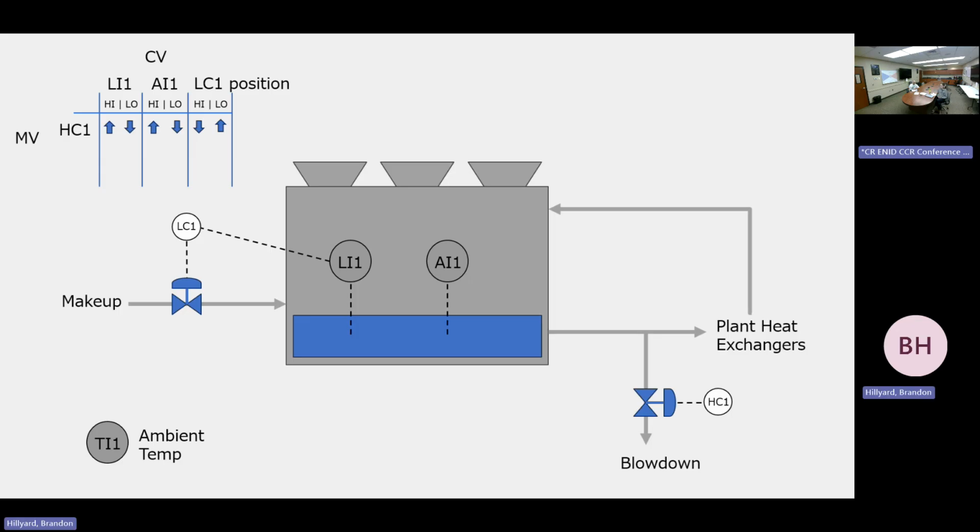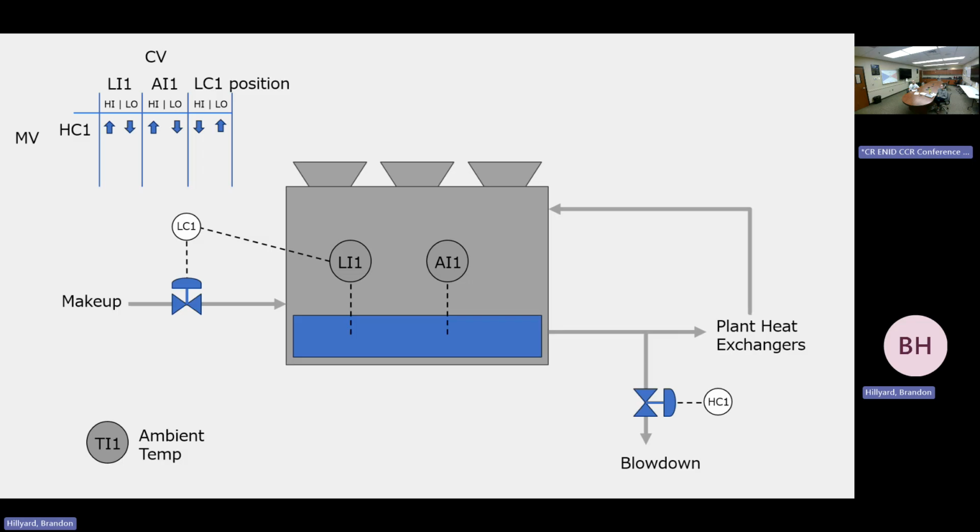So then if the conductivity is high, I would increase HC1 to remove solids. And if it's low, I would decrease HC1. If my valve position is at its low limit, I would increase HC1, which would cause the level to drop, which would cause the valve to come open.